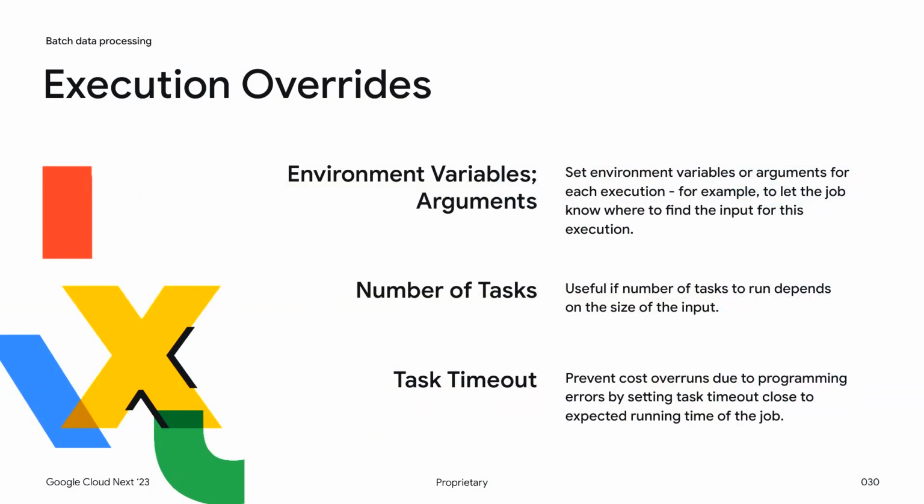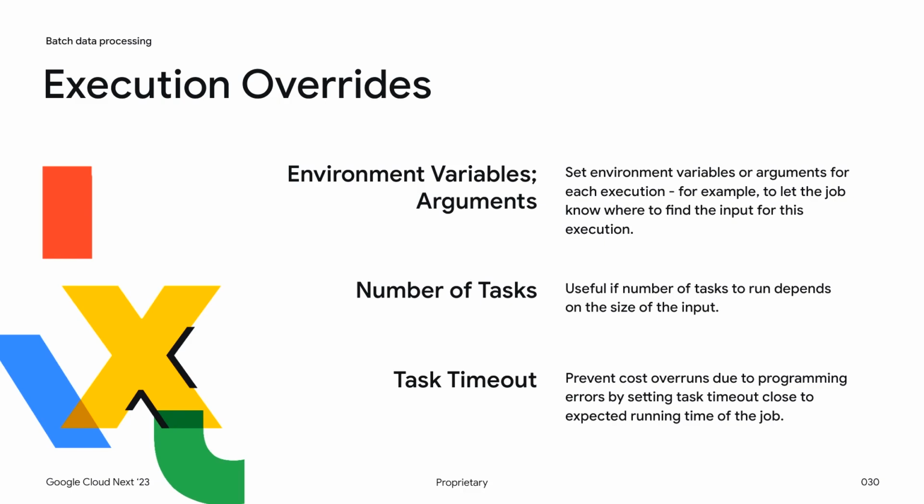So execution overrides let you pass in some information every time you actually execute the job. They override existing settings in the job without changing the underlying configuration. You can override environment variables and arguments. This is useful to tell the job, for example, this is where the input is located this time, or perhaps to pass along that event payload.